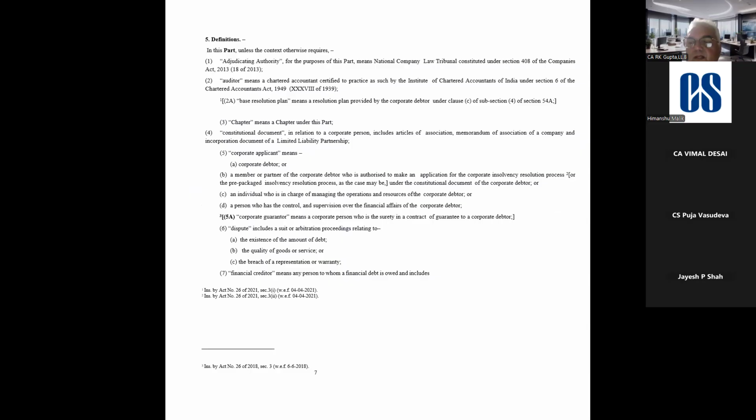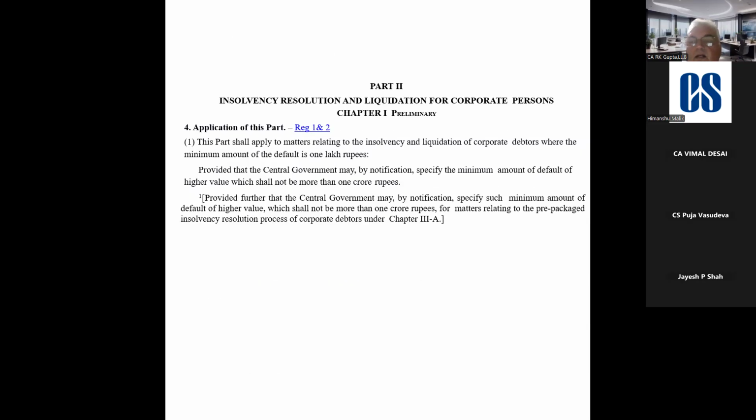So what we need to conclude here is that if the default in case of this MSME exceeds 1 crore, the threshold limit of 1 crore applicable for a corporate person, then they have that option. Actually, in case of prepack, the central government shall by notification specify a minimum amount, and that minimum amount cannot exceed 1 crore.